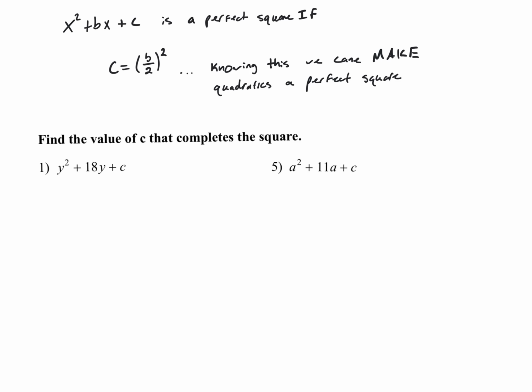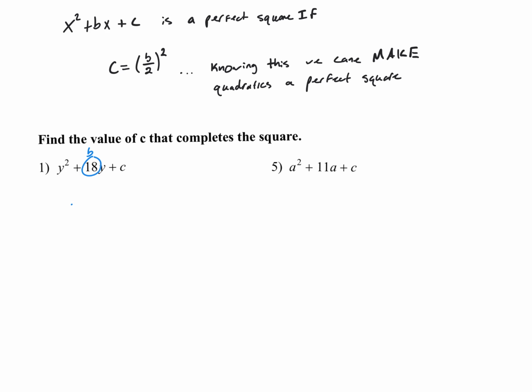Okay? So what we're going to do is, this is number 1 and number 5 on your worksheet. It says find the value of c that completes the square, meaning what value here should c be to make this a perfect square. So remember then that this number right here is my b.